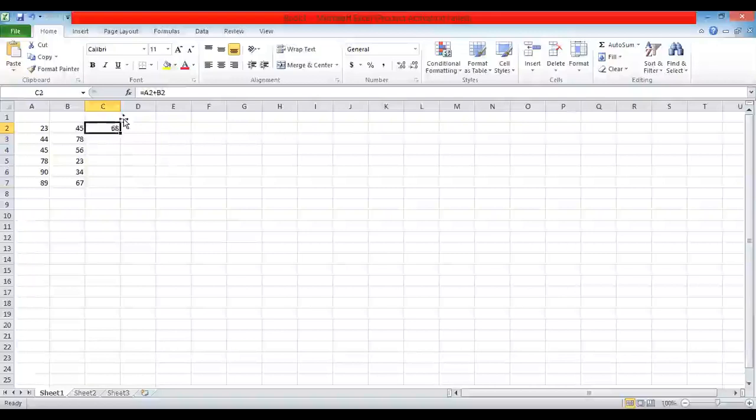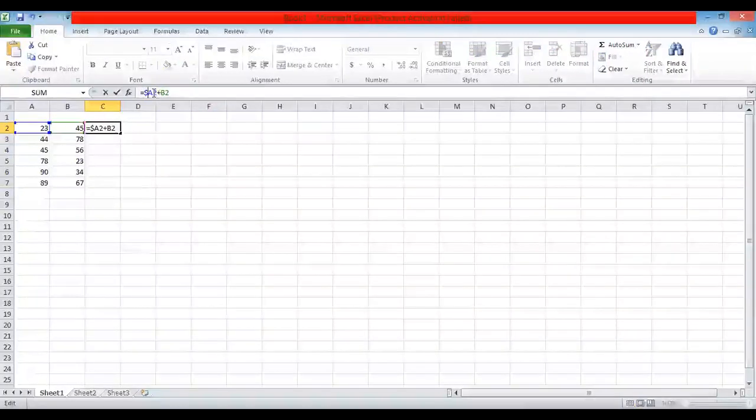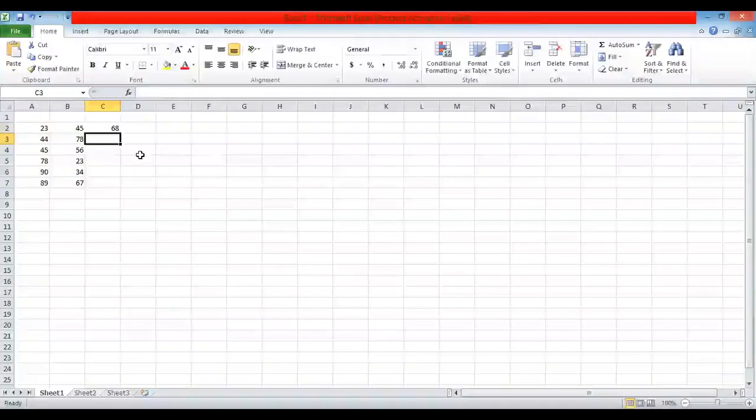So for instance, if we put a dollar sign there, so we say dollar and another dollar, and then we say plus. So we come and replicate the formula there.